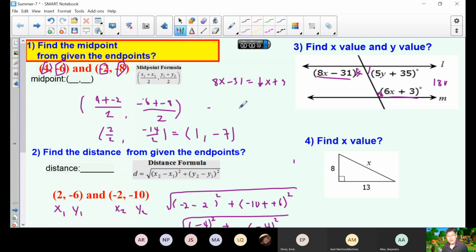So think about it. Cross out minus 6x. Cross out plus 31, which is 8. Think about it. I have a 2x equal 3 plus 31, 34.